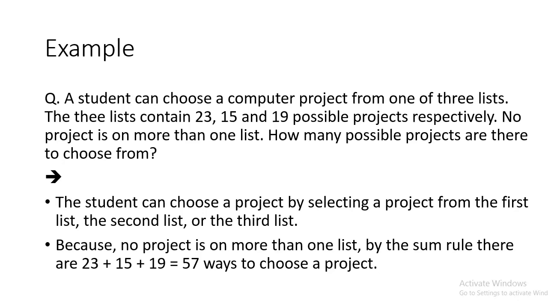No two lists contain the same project. So by using the sum rule we can say that there are 23 plus 15, which are also different, plus 19, these are also different. By adding these three numbers we get the answer: 57 ways to choose a project.